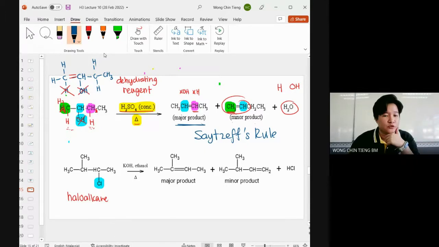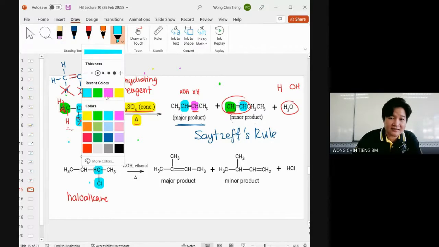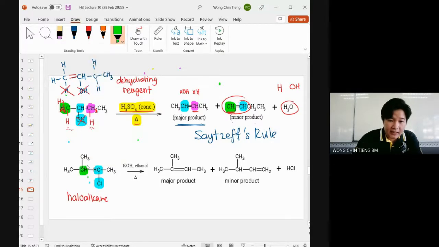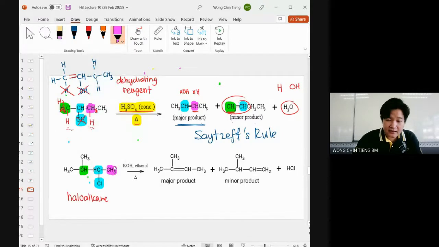Okay. So, for haloalkane pula, sama, kita akan buang Cl dan kita akan fokus pada carbon sebelah dia juga. The adjacent carbon. Kiri ada ni, kanan ada ni. Okay, same thing. Kita akan fokus pada dua ni.